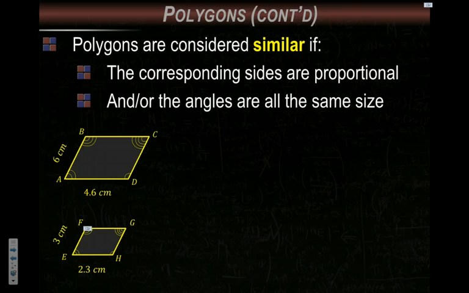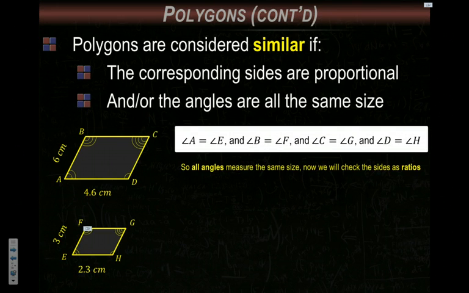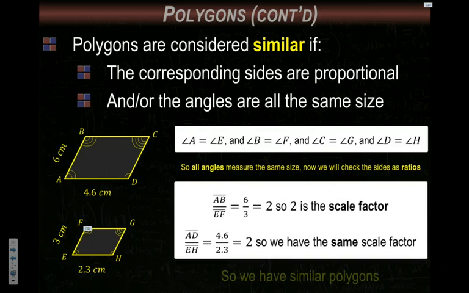So this polygon is twice as big as this one, because if I take 3 times 2, or if I take 2.3 times 2, I get the same number there, okay? So you're going to have to kind of figure that out with the types of questions you're going to be encountering with this. Okay, so I have an example here of how that's done. You can calculate through it. And again, I'm going to try and go through that in slower detail tomorrow.